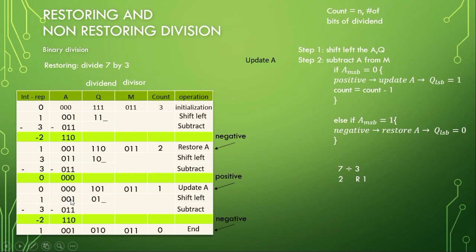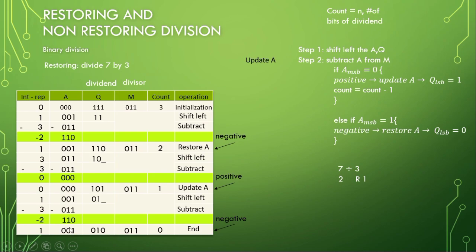So now, we see that our count is 0, and we end there, right? And as we've ended there, we have our divisor as so, and we have our dividend value recorded as well. And then we got our accumulator as 1.